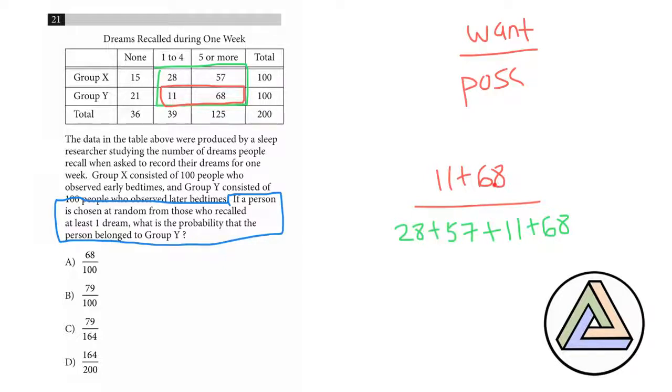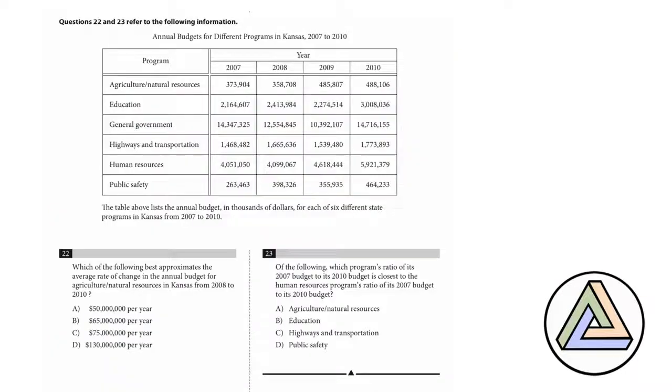So 68 plus 11 would be 79, which is right there, but we have two of those, right? 68 plus 28 is 96, plus 11, that already gets me over 100, so this is the answer right there. Because this had a denominator of 100, as soon as I see that this denominator is more than 100, we're good. All right.